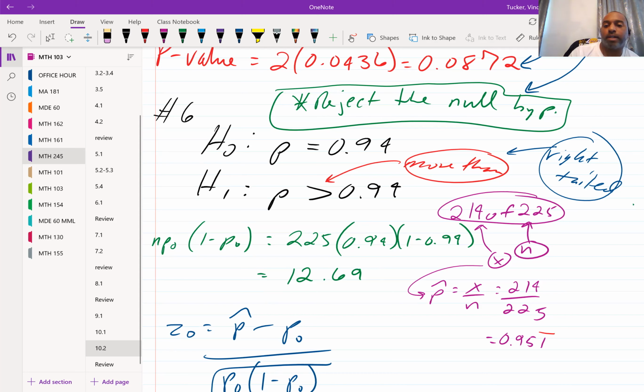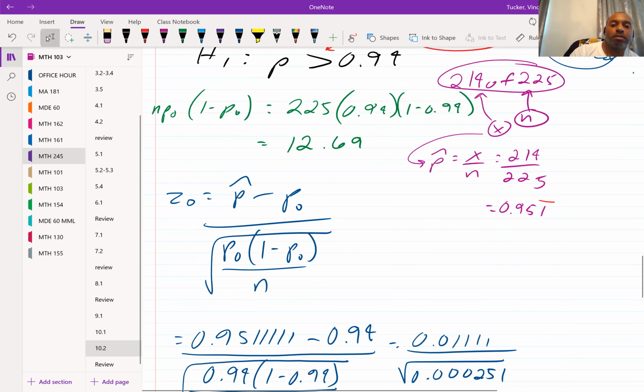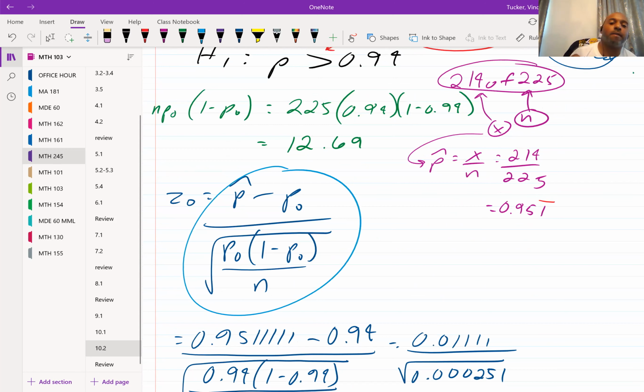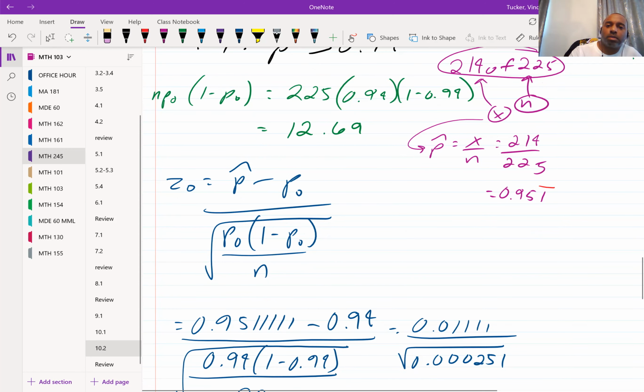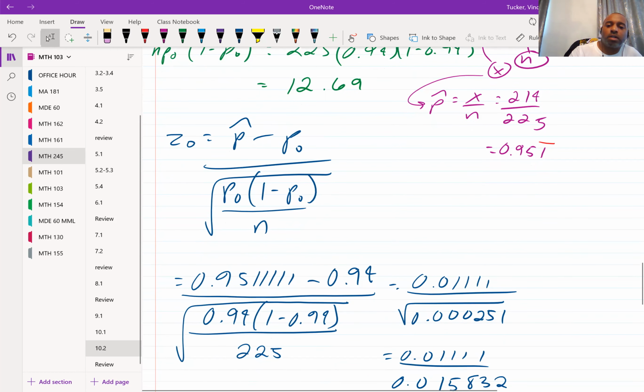Once you have that established, you can find your test statistic. That's what we do here: P hat minus P naught, over the square root of P naught times 1 minus P naught, over N. I wrote the repeating decimal multiple times just to give myself the most accurate answer possible.